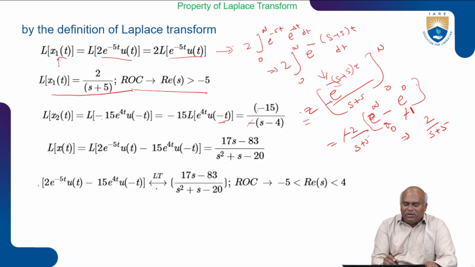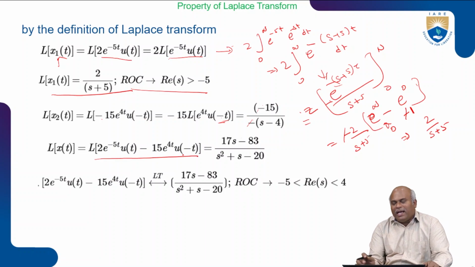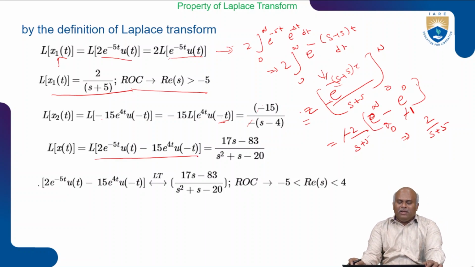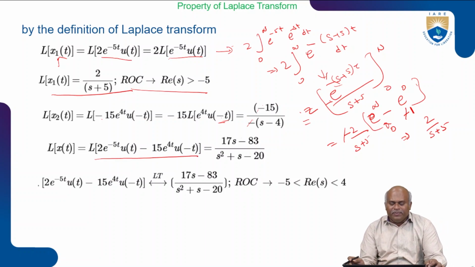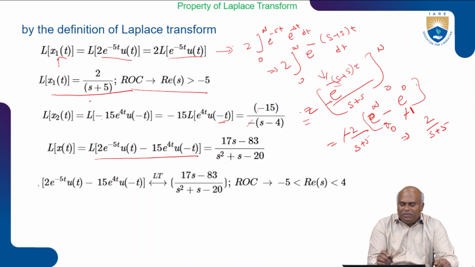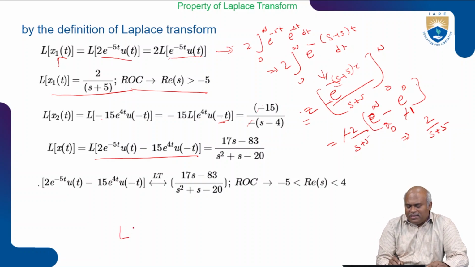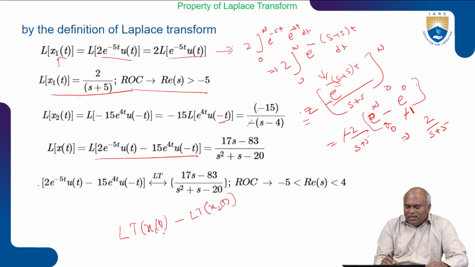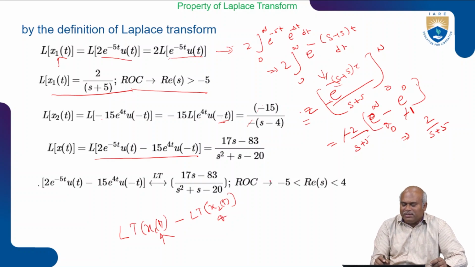Finally, I merge both cases as per the linear property principle: the Laplace transform of x1 of t minus the Laplace transform of x2 of t. Then you substitute both values and simplify.